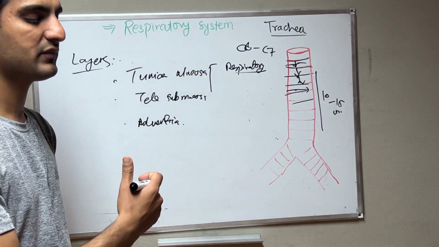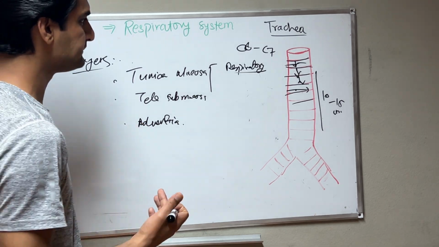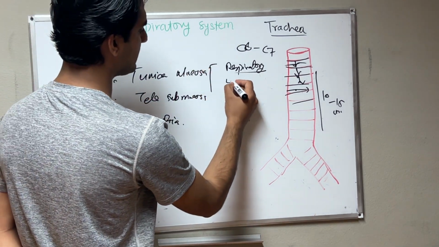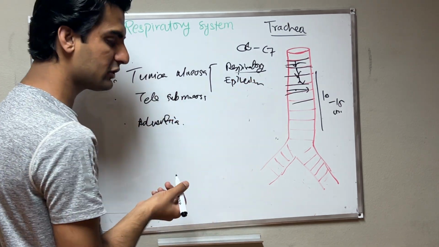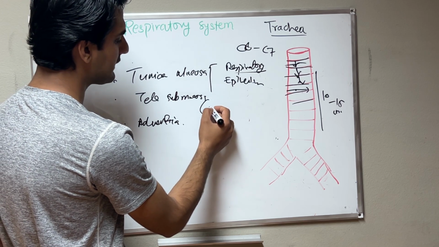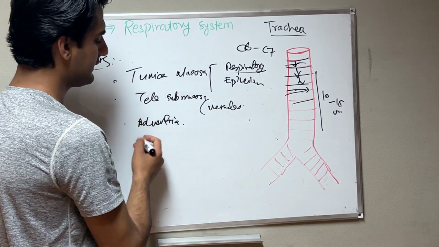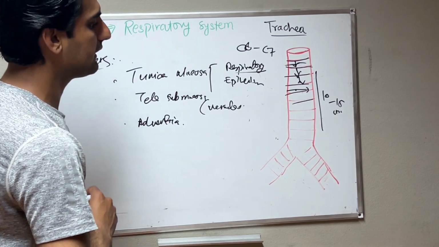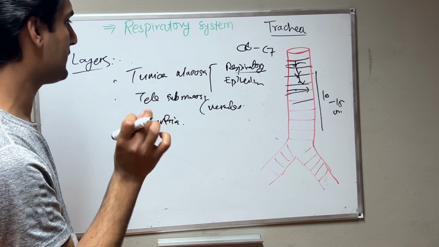If a foreign body comes from outside, you feel like coughing. In the tela submucosa we have vessels, and then the adventitia. This is some information about the layers.